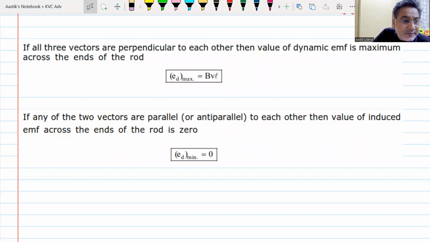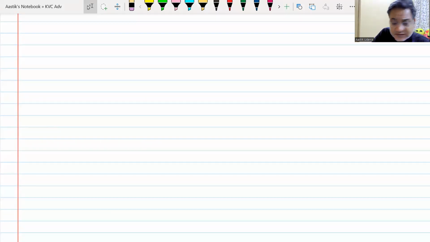Now, keeping in mind we have this V cross B dot dl, we can look at different cases and see how much EMF will be induced across the rod in the different cases. So let me draw these different cases. First, let me draw them, then I will give you time to note them down.